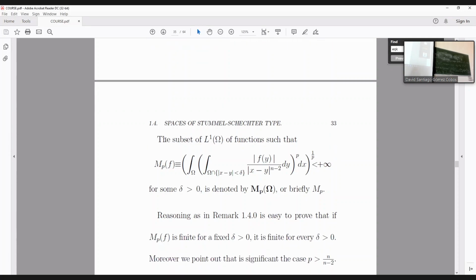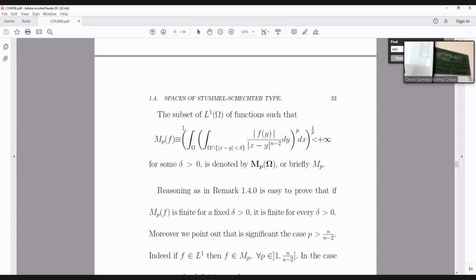Well, what we have is that a function f, a summable function f, is in the space MP if it is finite the following quantity: the supremum in omega of x, of the integral in omega intersected with the set where x minus y in absolute value is less than delta, of f of y over x minus y with exponent n minus 2, and this with exponent p, all to the power 1 over p.